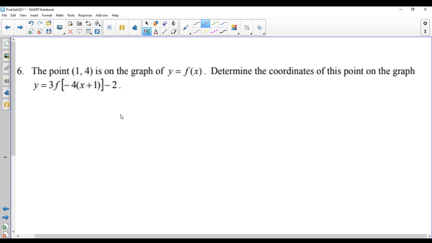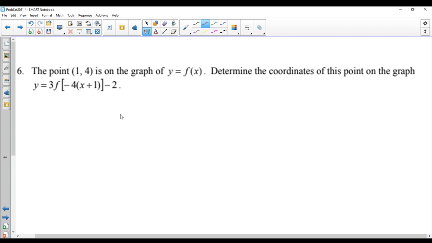This is essentially what you were doing for your exercise yesterday in groups: taking a point and doing a bunch of stuff with it after you figured out what all the different transformations were. So we should be able to handle this quite easily. Let's see how easy it is.